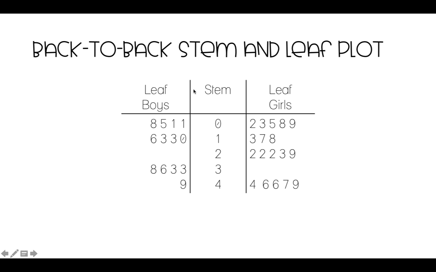But if you look over on the left-hand side to the boys, you can see that the lowest number starts closest to the stem. So it goes 1, 1, 5, 3, and we go from lowest close to the stem to highest further away. That's really the most important thing. Now every stem and leaf on this side represents a number for the boys. Every stem and leaf on this side represents a number for the girls.